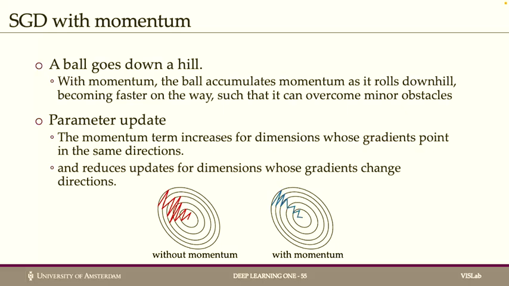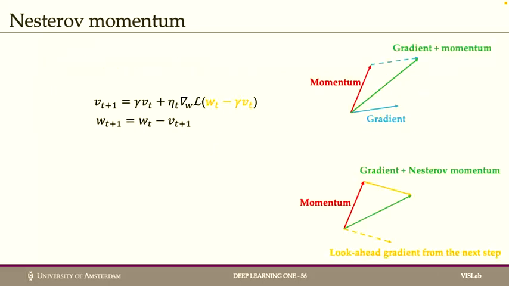You can even be a bit smarter than that by something called the Nesterov momentum. So the Nesterov momentum is: don't compute the gradient at the current location, but actually take a step first of your previous gradients and compute the loss at that step.